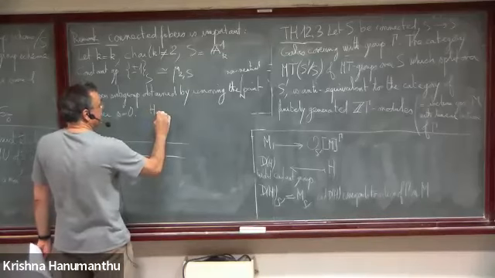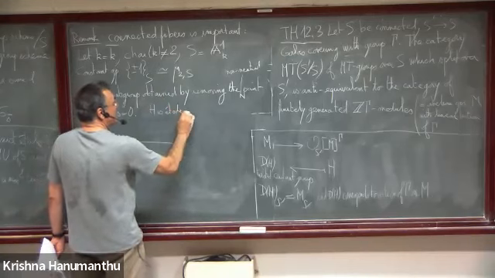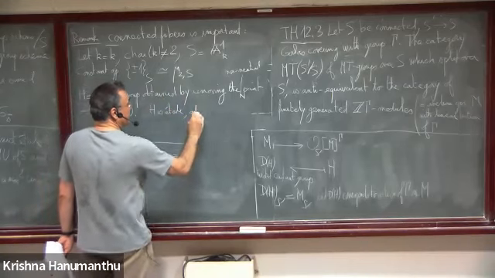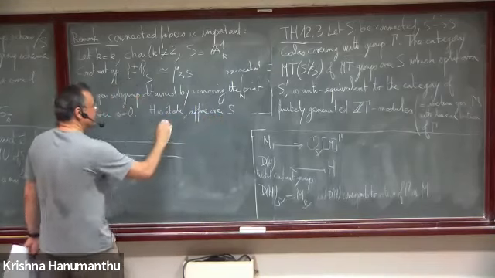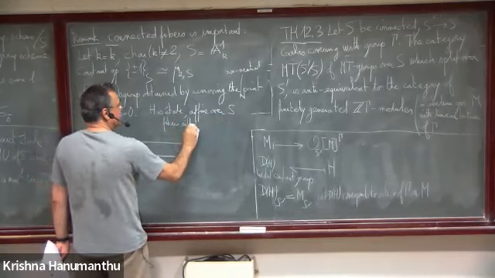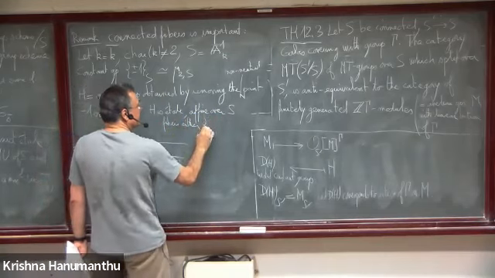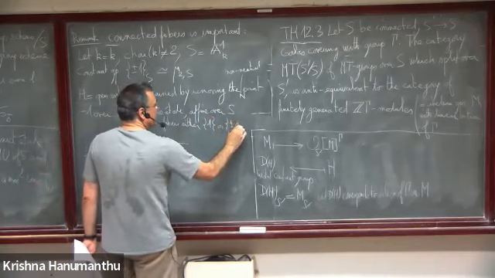So H is etale affine over S. Fibers are either the unit group or plus or minus 1.